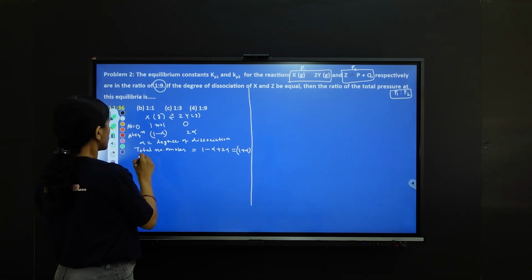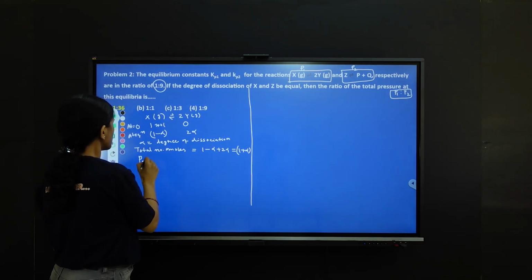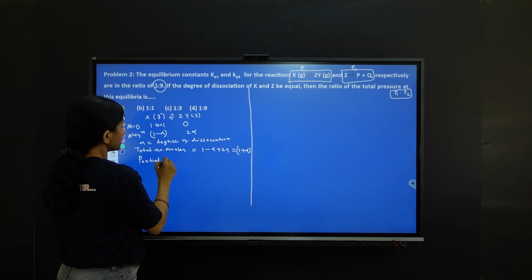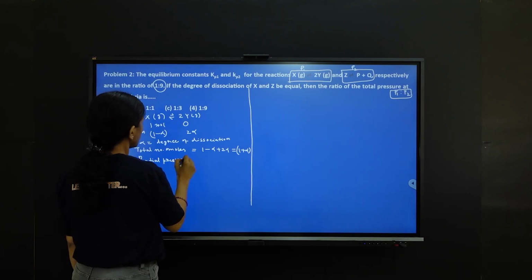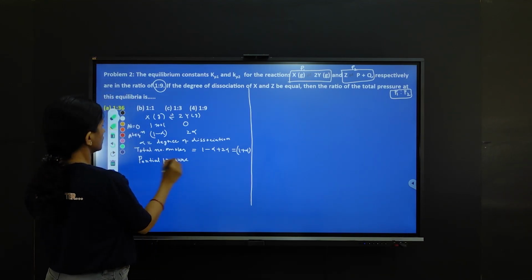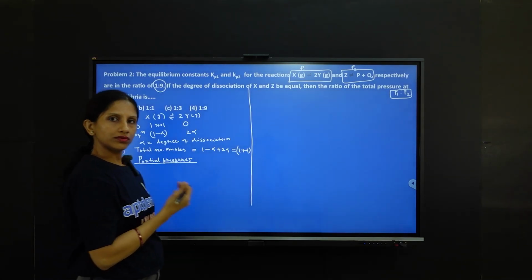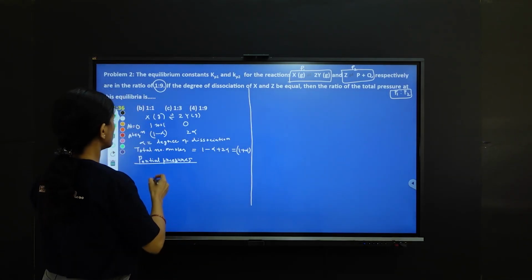Now, from the partial pressure concept, as I have discussed in the previous problem, we will calculate the partial pressures for both the reactants and products, and from there we will get the Kp1.